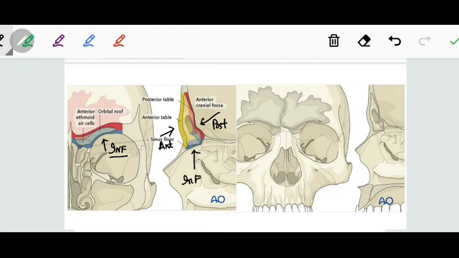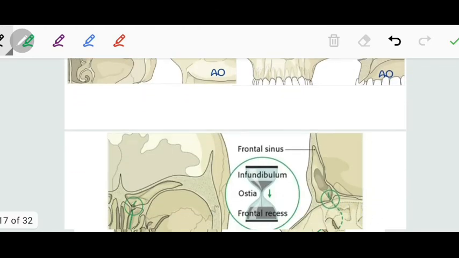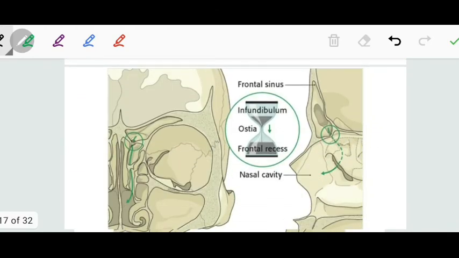As regards the clinical importance of the frontal sinus, there is a term known as frontal sinusitis. Whenever there is an infection of the frontal air sinus, it will be filled with pus. Pus means the purulent exudates of inflammation.